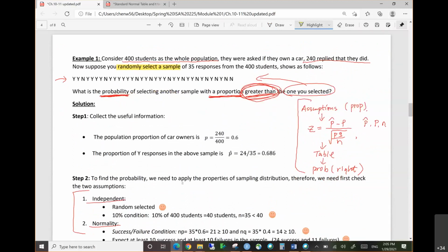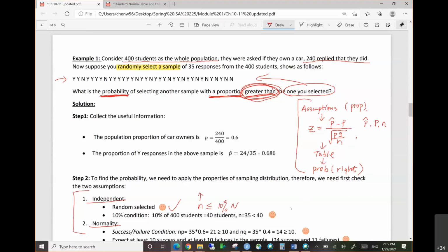Good. Next, the 10% condition. That means we need to check whether your sample size is less than 10% of the population size. All right, so now, what is this small n?